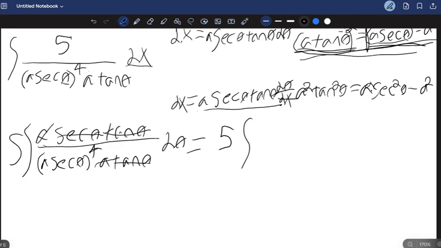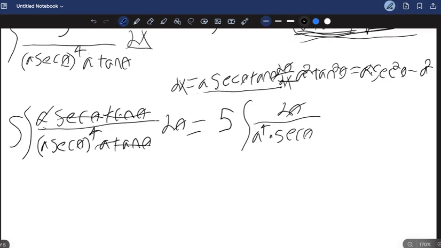But to decrease this exponent on the bottom for secant theta, we have to bring out a first. So we'll have a to the 4 times secant theta. Does that make sense? Yeah, because we distributed out the power 4. We know a is a constant, so we can actually just bring it out here as well.